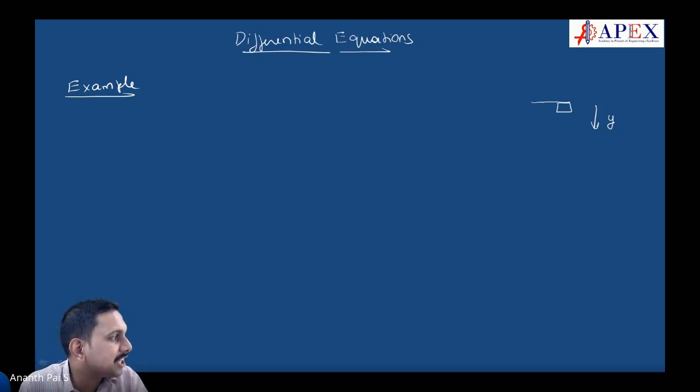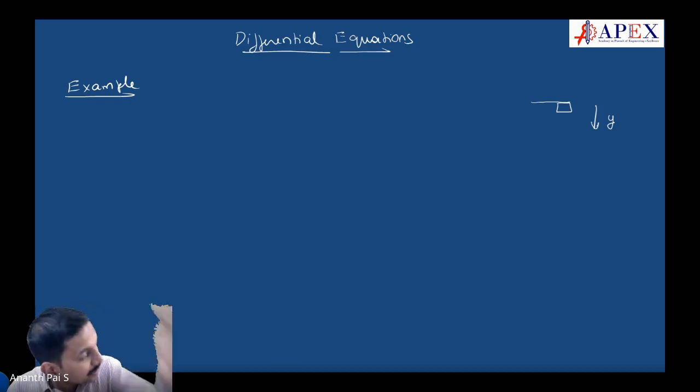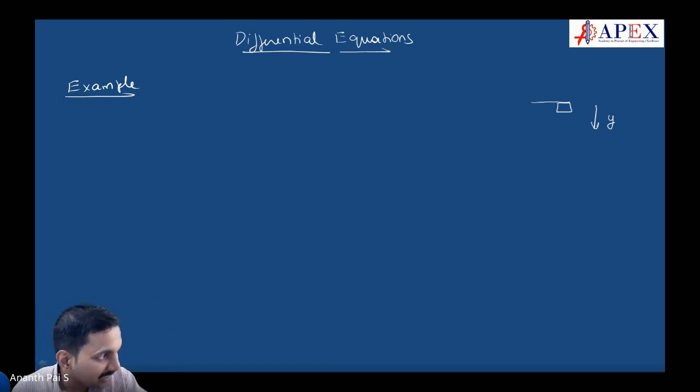How does y change with time? It has a velocity, and the velocity also changes with time. So it has an acceleration. It has acceleration and velocity both. So now this differential equation can be written as d square y by dt square is equal to minus g.